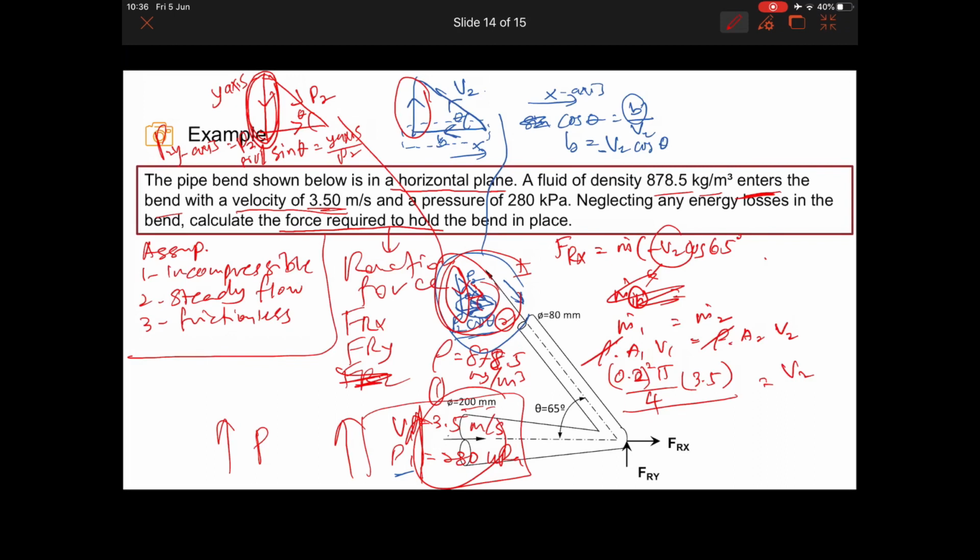Over A2, do the same, 0.08 squared over 4. Okay, then you got the V2. So you just insert V2 back into the equation.